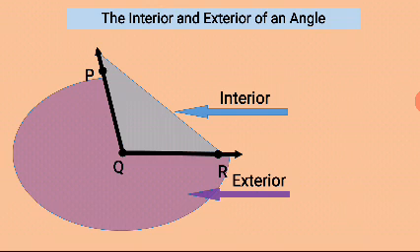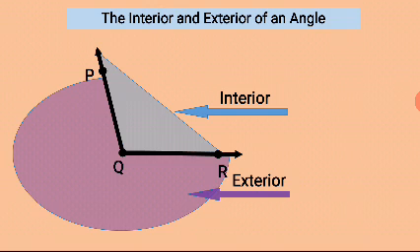The interior and exterior of an angle: the portion of the plane the angle occupies is called the interior, and the outer portion of the plane is called the exterior portion. Got it?